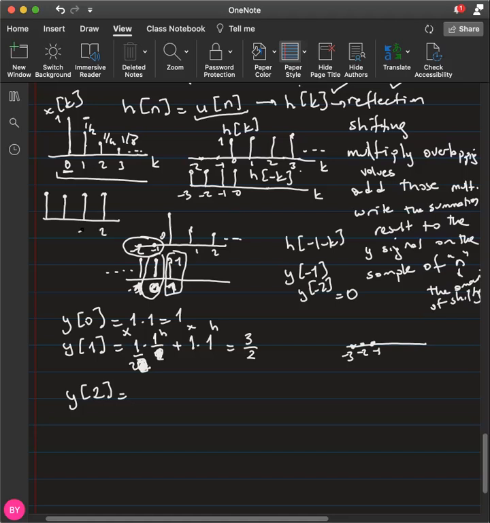Okay, this is 2, 1, 0, -1, to the right and to the left. What am I going to do? 1 over 4 times 1, 1 over 2 times 1, 1 times 1, right? 1 times 1 plus 1 times 1 over 2 plus 1 times 1 over 4, which is equal to 8 over 8, 4 over 8, 2 over 8, which is 14 over 8, right?